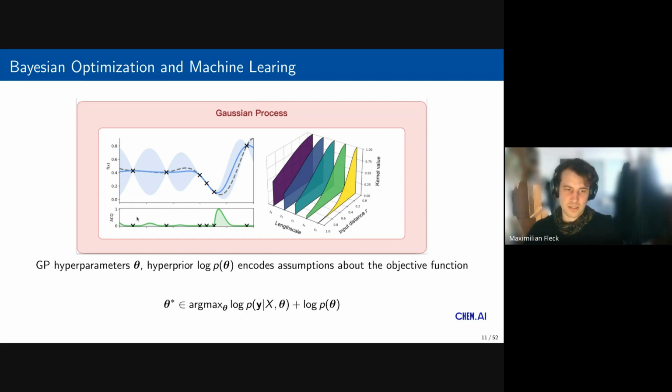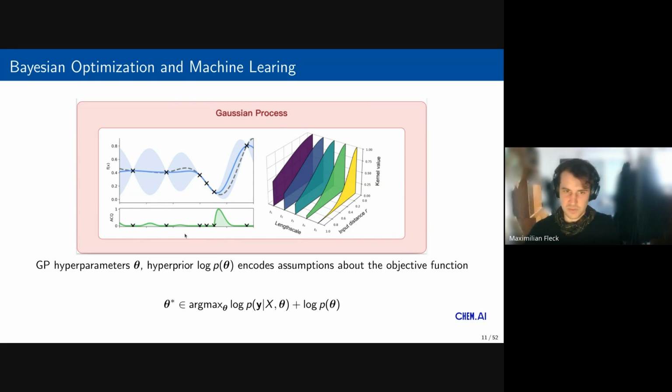Now on the GP level, there's additional prior information, for example, the choice of the kernel. In chemistry, we usually just go for Matern, so we won't debate this in detail in this talk. The same goes for the acquisition function, which is visualized down here. Usually it's log expected improvement.